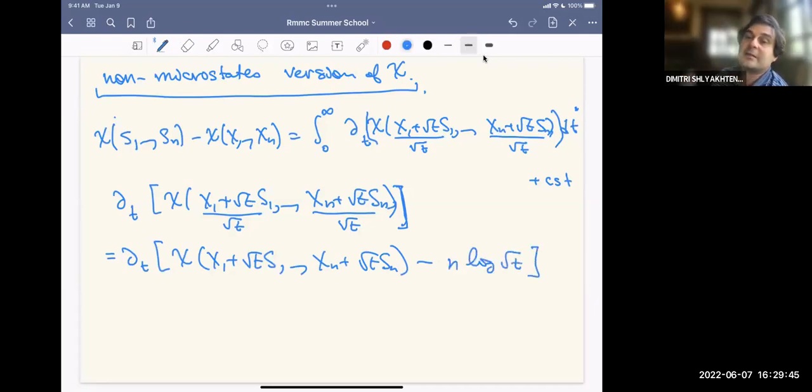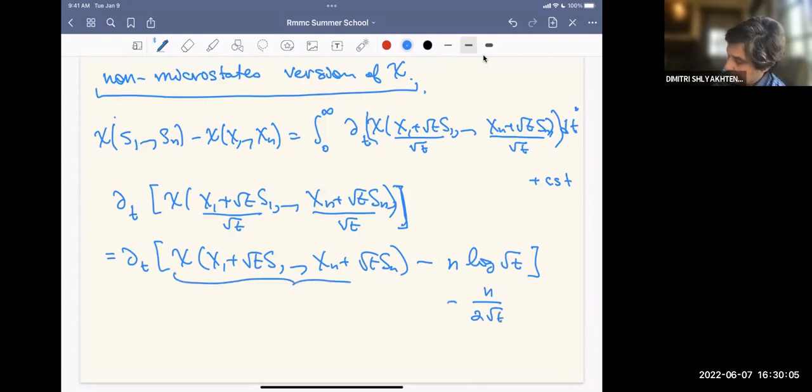This is just a very simple formula that you can check: you rescale your variables and you're computing some logarithms of volumes, so you can easily check how this behaves. So this part is easy. This gives you n over 2t or something like that, with a minus as the derivative.